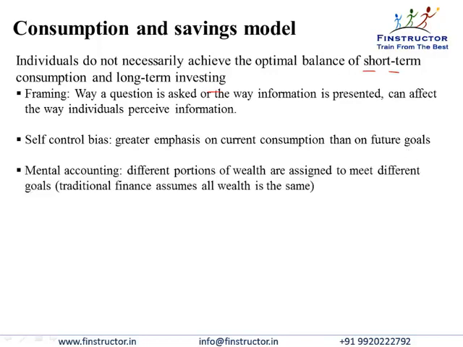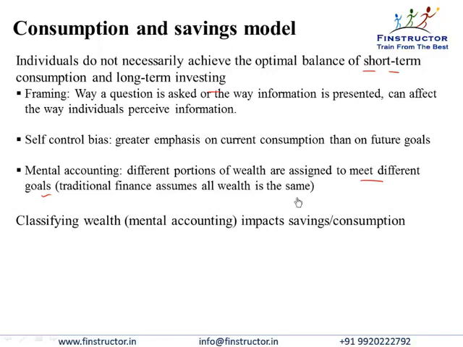Mental accounting is an important concept that says that different portions of the wealth are assigned to meet different goals. So we figure our return expectations not as one consolidated expected return. Rather, we have different goals and a different expected return to meet each goal.